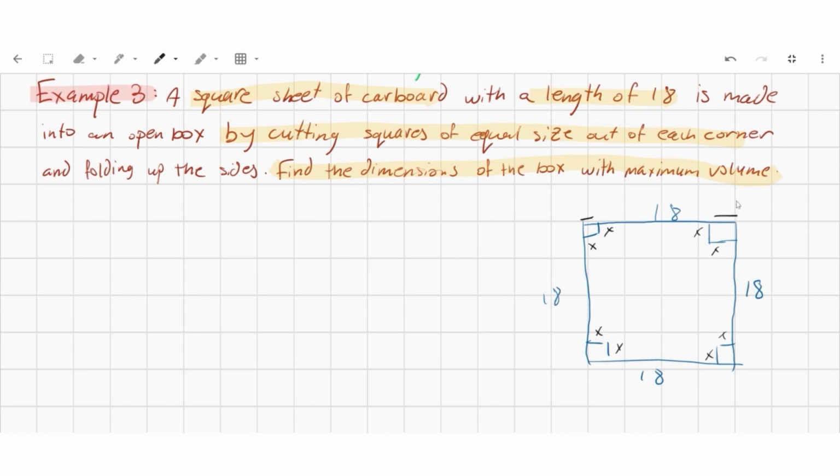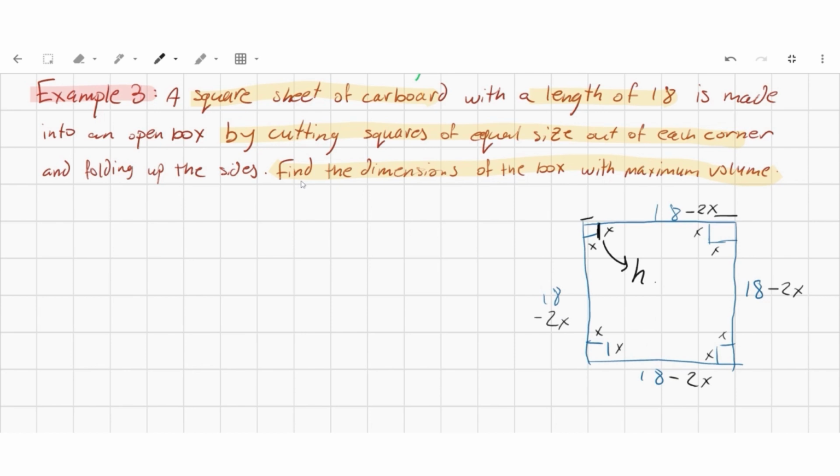So x plus x is going to be equal to 2x, which means instead of it being 18, it's going to be 18 minus 2x per side. Minus 2x, and minus 2x. And when you imagine folding it up, you're going to notice that the height is going to be equal to x. So this is going to be the height. I'll write it down so that we don't forget.